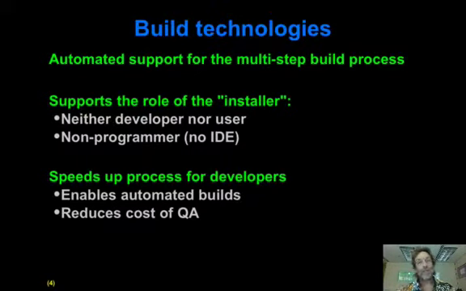Second thing is, by having a build tool, it vastly speeds up the process for developers and reduces mistakes. And because you can do these build steps automatically, particularly things like invoking tests, the cost of quality assurance is reduced, which means you're more likely to actually do it, which means you're more likely to have a higher quality system.